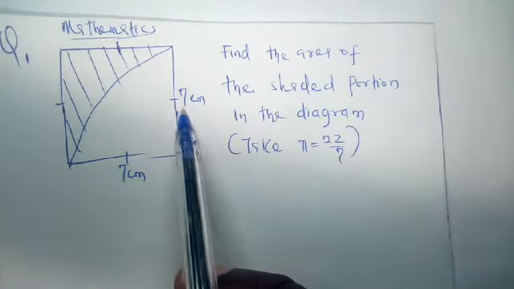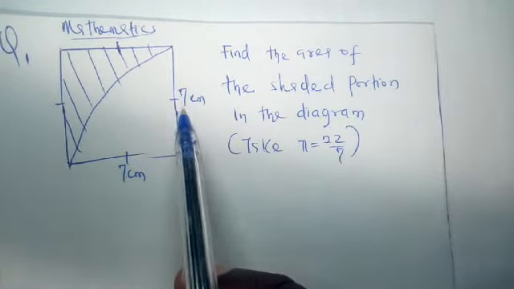Putting this into our formula, we will be having area equal to length, which is 7 centimeters, times 7 centimeters. Area is equals to 7 times 7 is 49. Centimeter times centimeter is centimeter square.